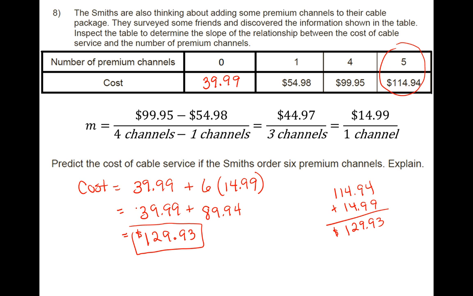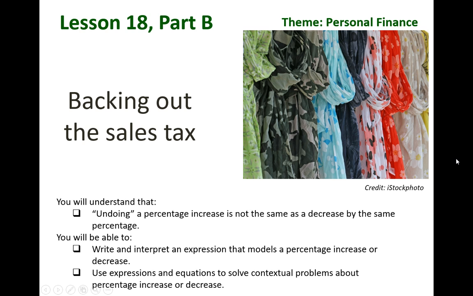I like this though because this kind of gives us a formula. It gives us the idea that the cost is going to equal $39.99 plus $14.99 times, and I'm just going to call it N, where N is the number of premium channels. So we can get 1 premium channel, 2 premium channels. We have an equation that would tell us whatever we need.